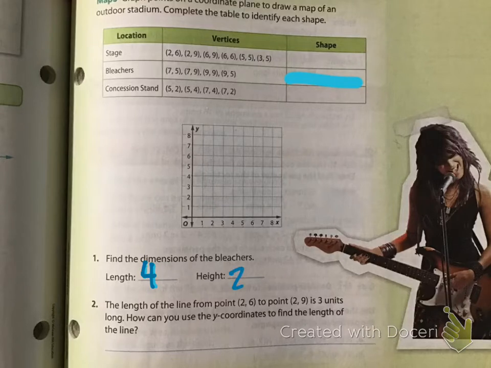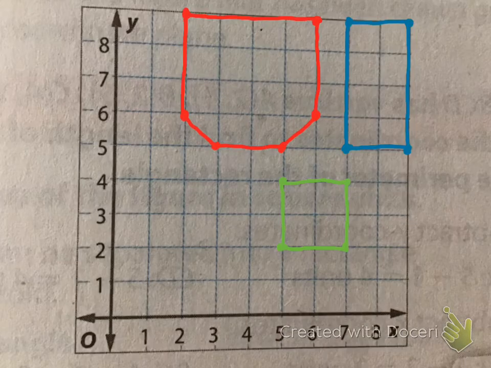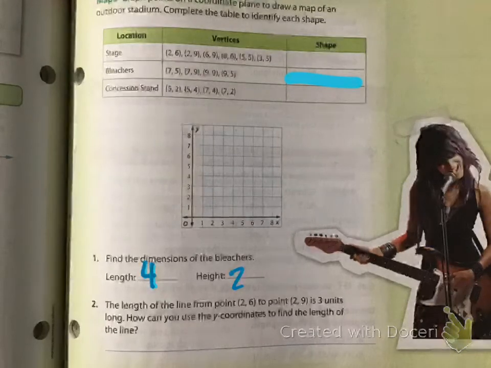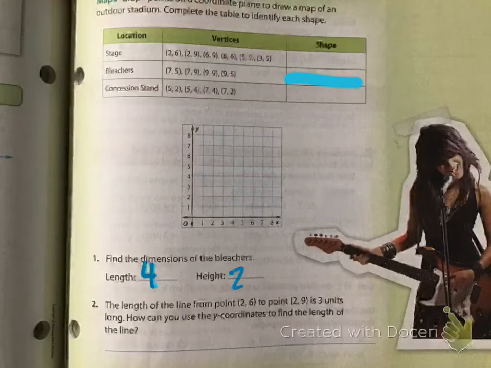So all we did when we were counting this is we just simply counted. Okay, so it says the length of the line from point 26 to point 29 is 3 units long. How can you use the y-coordinate in this case to find the length of the line? Who can tell me how they used the y-coordinate to find the length of this line?